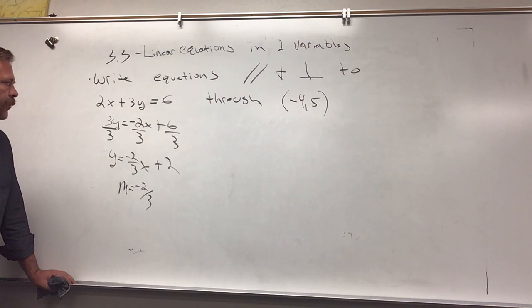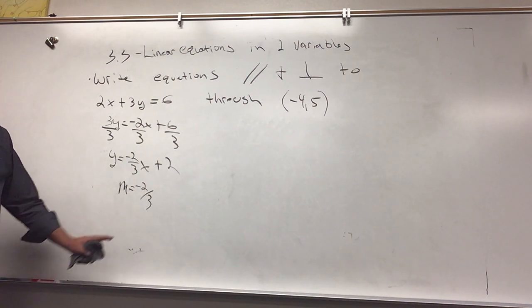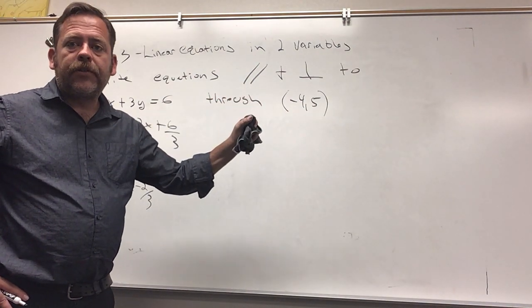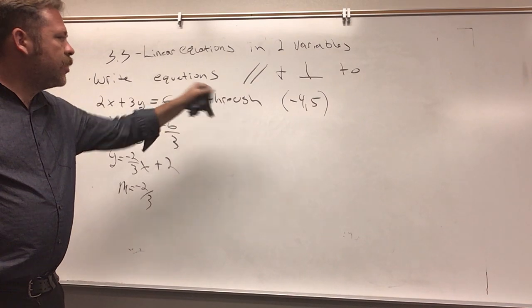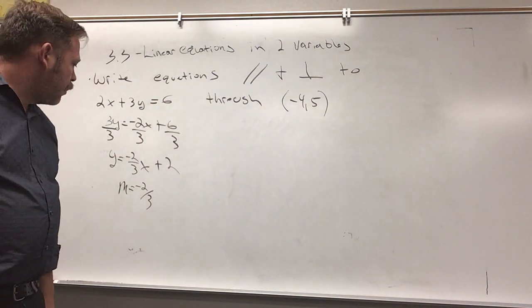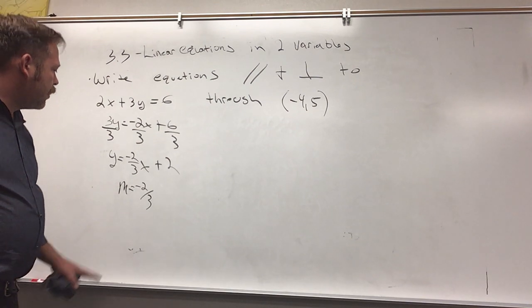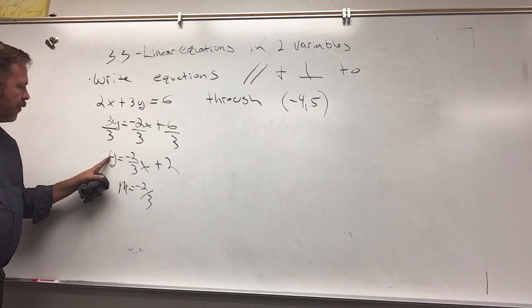All right. Now we have our point, and we're going to write two equations of lines. Let's do parallel first. What's the relationship of slopes of parallel lines? They're the same. So the slope of this line is negative 2/3.